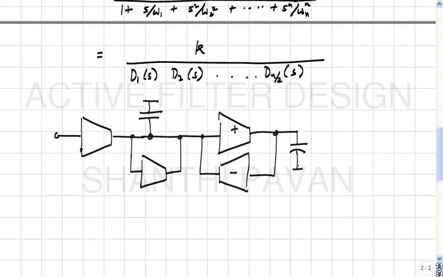We'll come to that shortly. One way of doing this, probably the most simplistic way, is to simply realize this as a cascade of biquads, simply because we know how to make a second order section. You understand? So you create another guy like this.